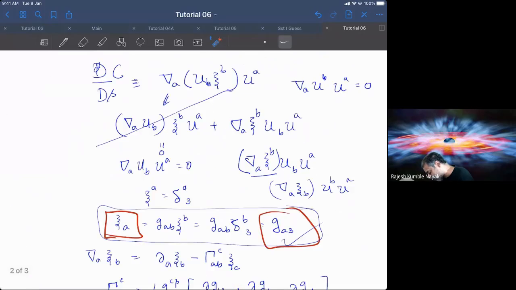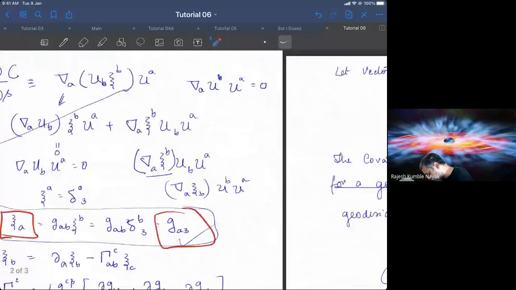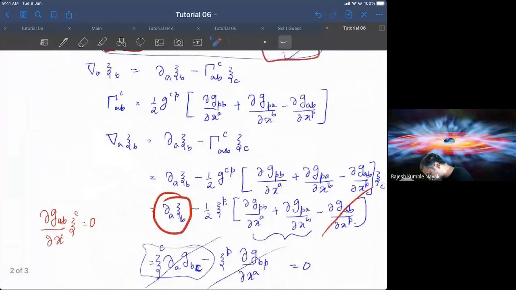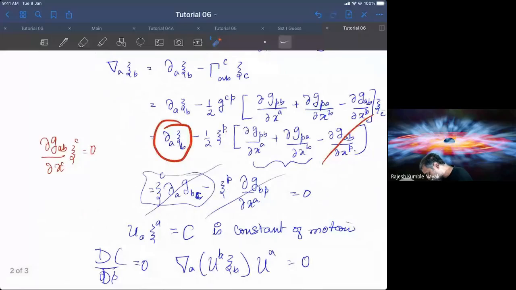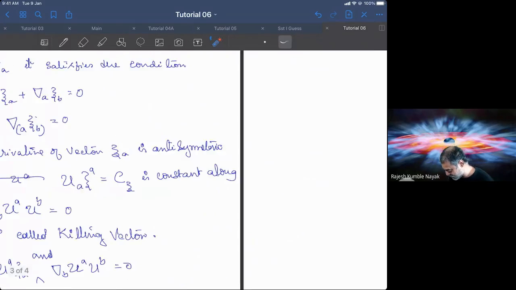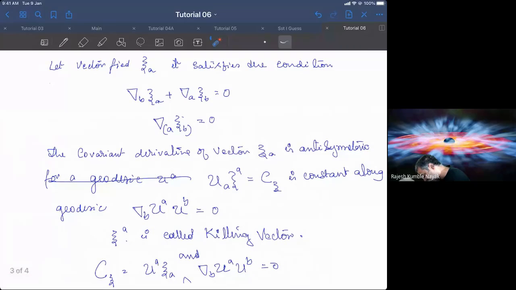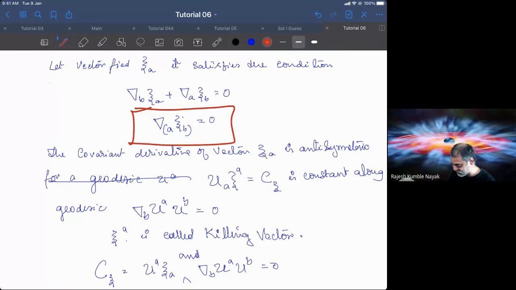You can combine the algebra given in the previous derivation and the current derivation. From this step onwards, you can show that this comes out to be the directional derivative of the metric tensor along an arbitrary vector being 0, which is another definition of the Killing vector. But geometrically, this one is more appealing. So you have to have this as your condition for the Killing vector.